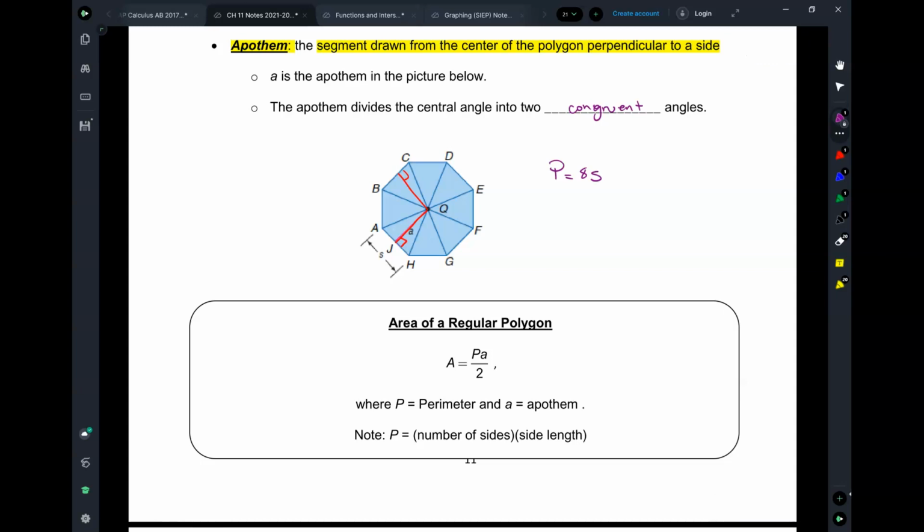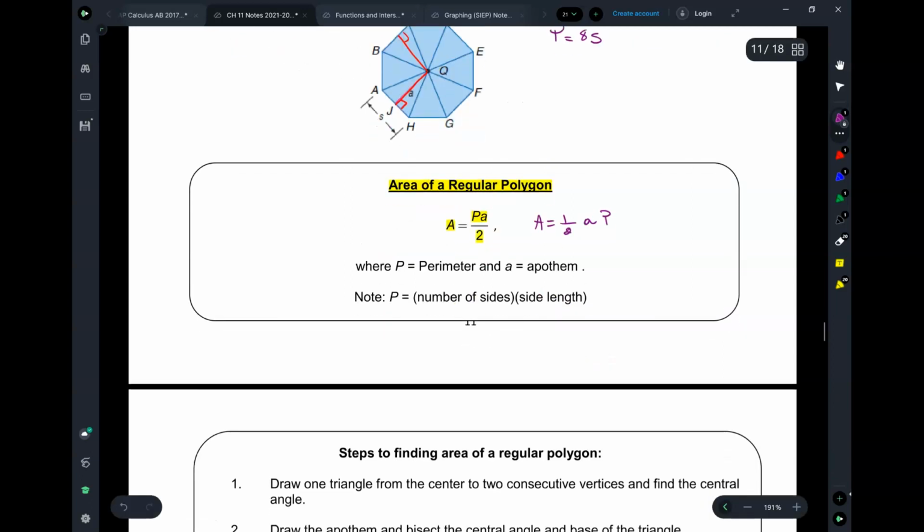Now, to find the area of a regular polygon, the formula is P times A over 2, or area is half times A times P. That's how I usually write it, okay? Half times A times P. A is the apothem, times the perimeter, divided by 2, okay?